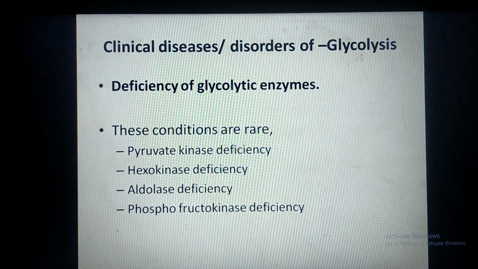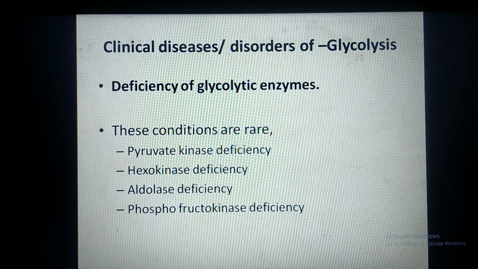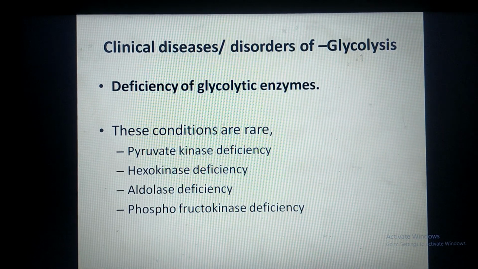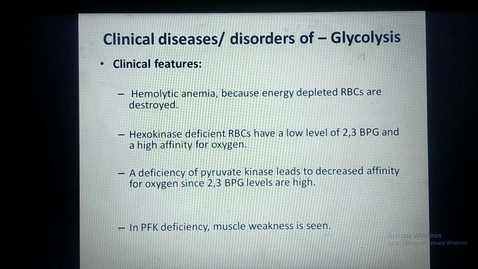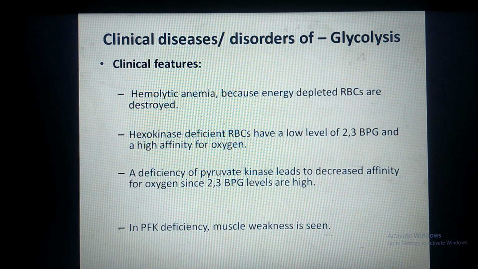Now the next clinical disease is deficiency of glycolytic enzymes. Generally, the deficiency of pyruvate kinase, hexokinase, aldolase and phosphofructokinase is seen. If the enzymes of glycolysis are deficient, then the person presents with hemolytic anemia.